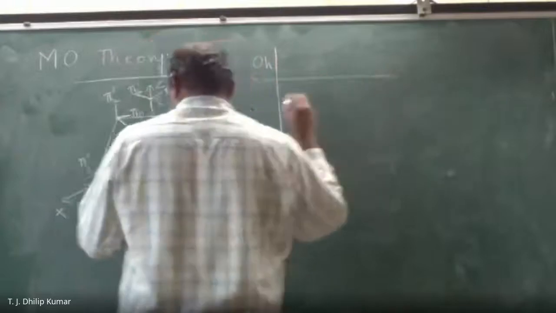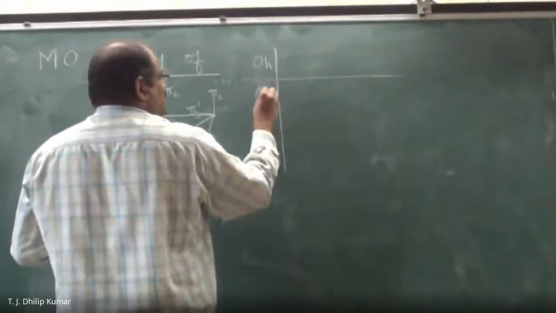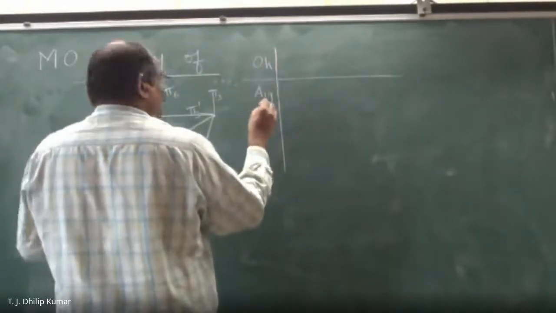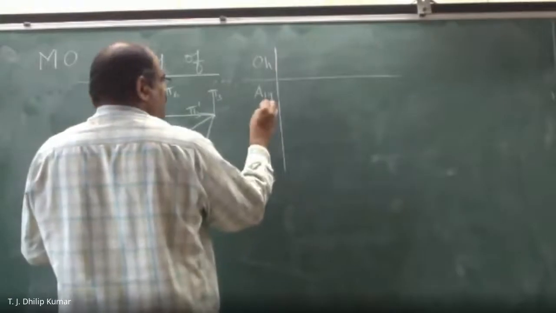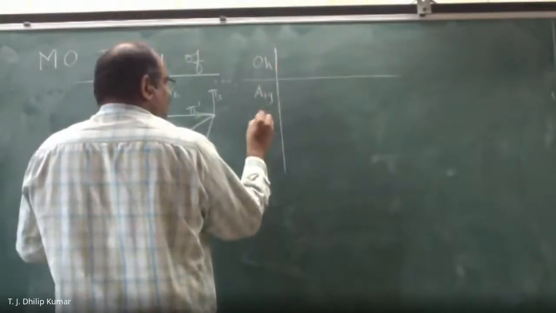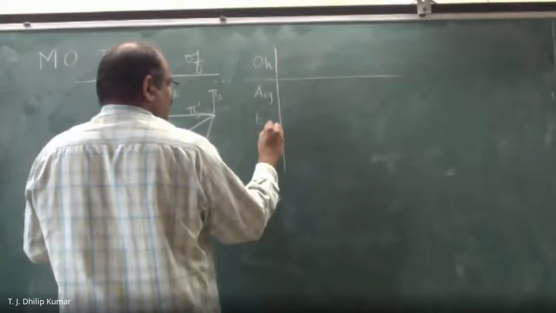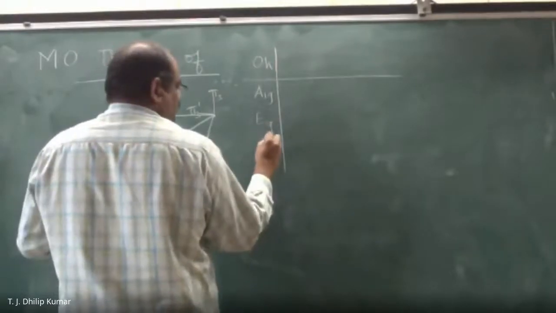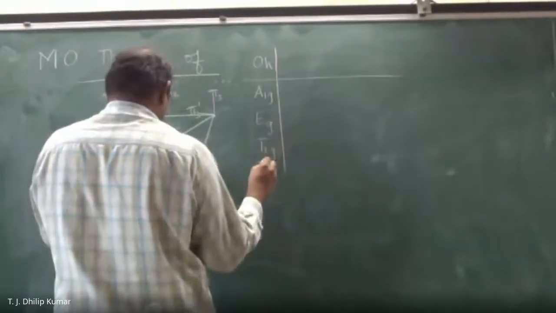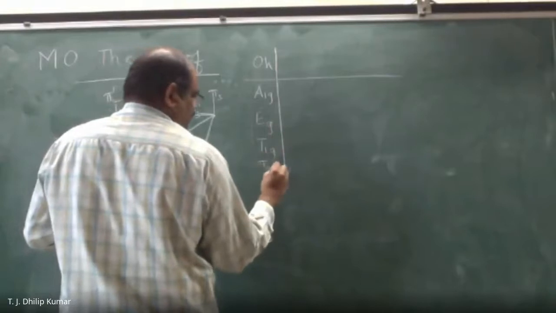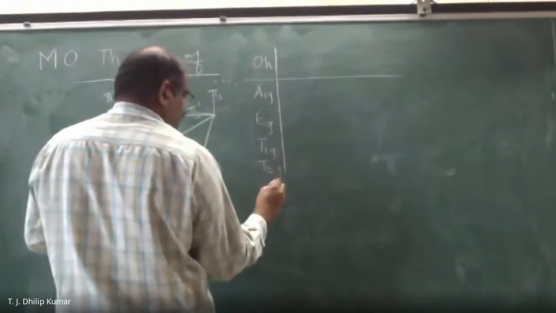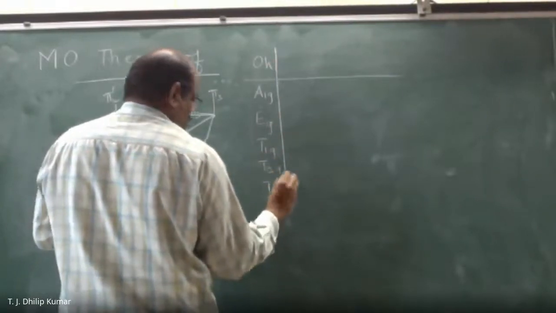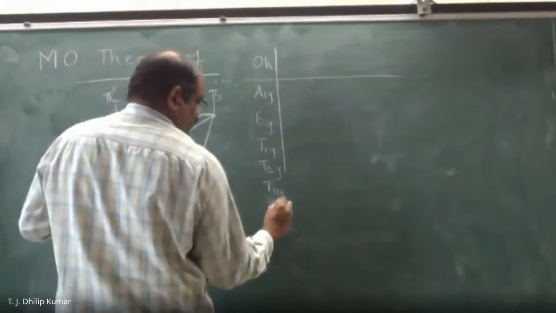For Oh, you have A1g. There are multiple things, I just leave it. And then Eg is there. T1g will be there. T2g will be there. T1u, T2u.